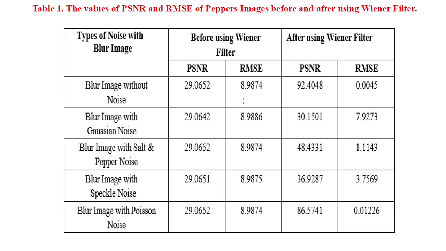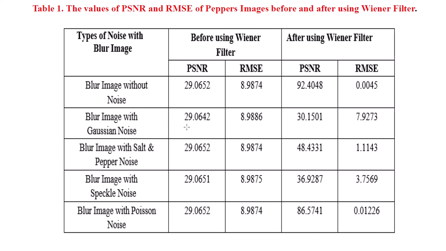But after using winner filter, the peak signal to noise ratio increases while the mean square error decreases. The peak signal to noise ratio becomes 92 and the mean square error is 0.0045.